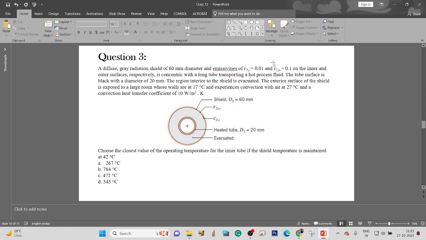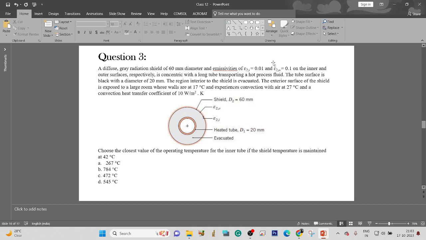Now Q12 we can clearly find from the formula: sigma A1 (T1 to the power 4 minus T2 to the power 4) upon 1 upon epsilon 1 plus (1 minus epsilon 2 upon epsilon 2) times D1 upon D2. So we put this in the main formula and calculate the rest.